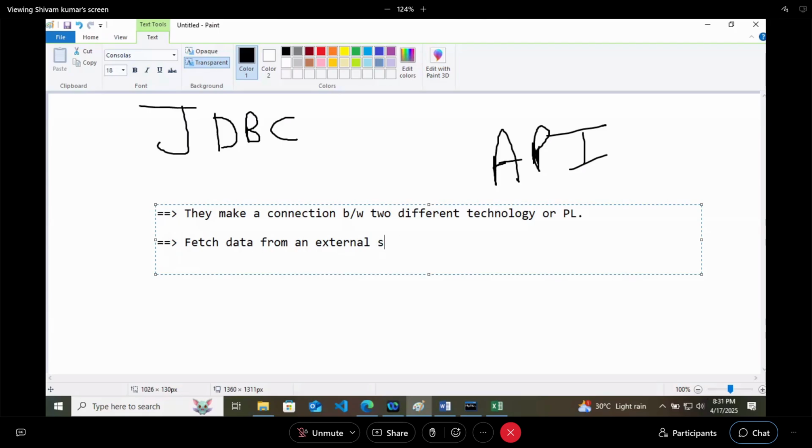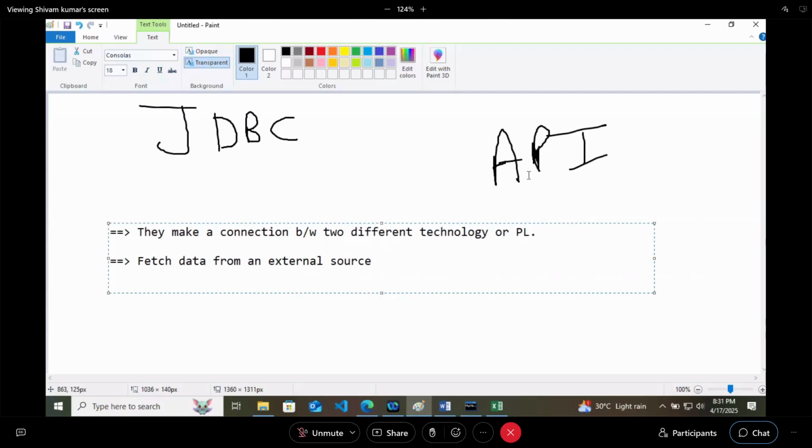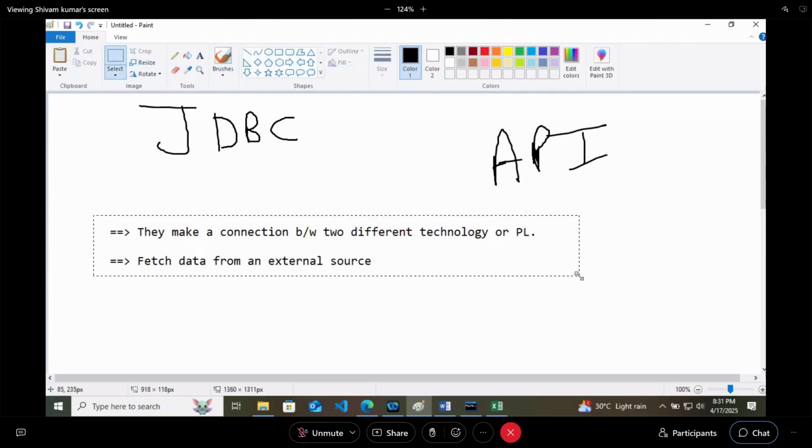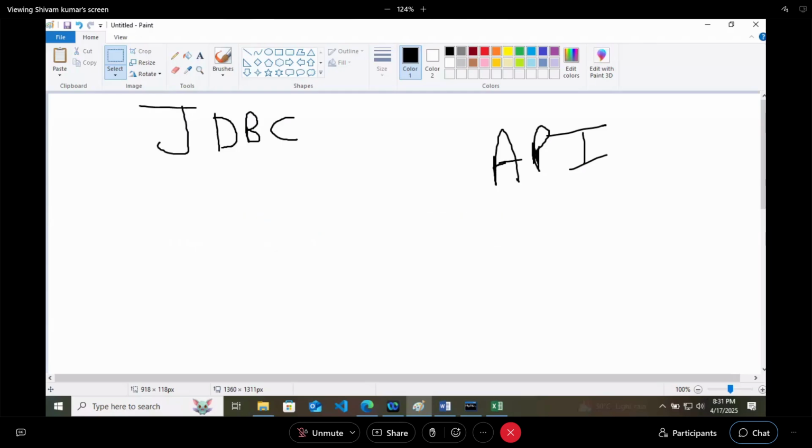Then you will see REST APIs, RESTful web services, GraphQL. A lot of things are there actually, but for you, API means that two different people can communicate with each other. So technically, this API is a translator.